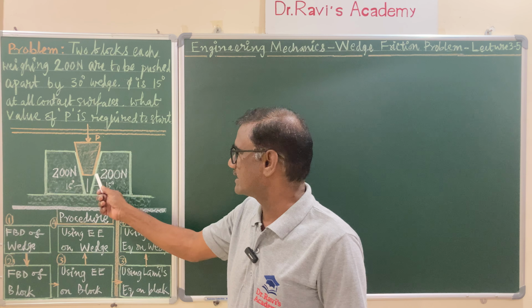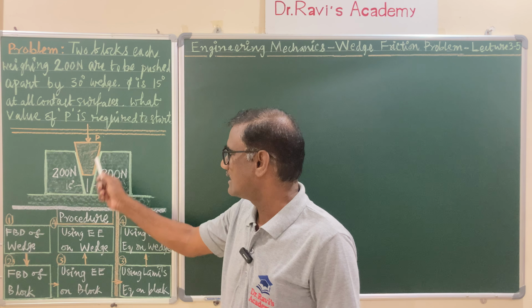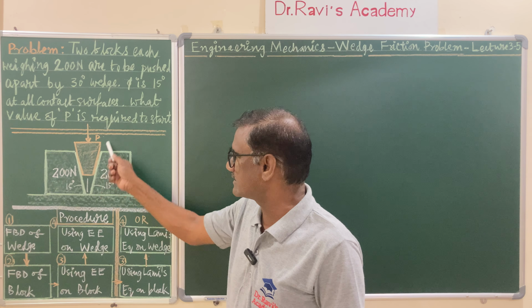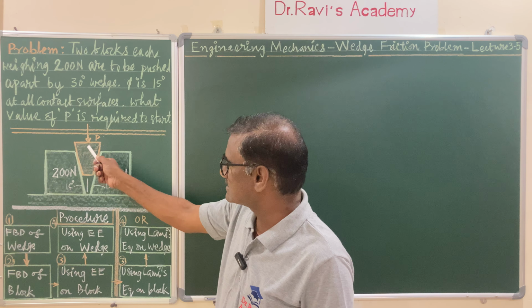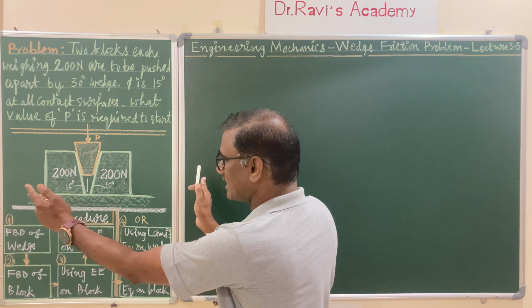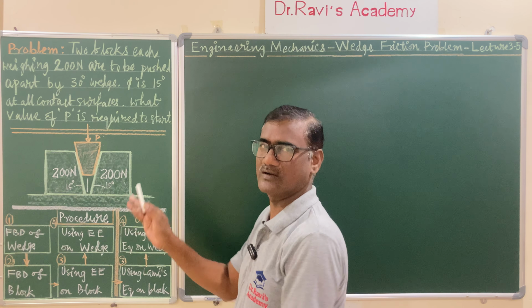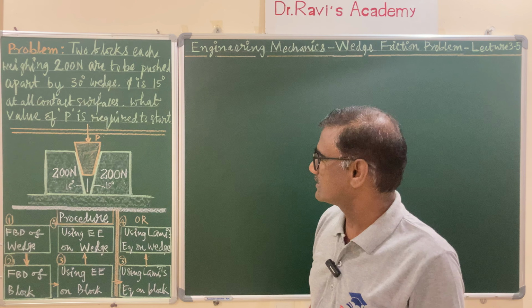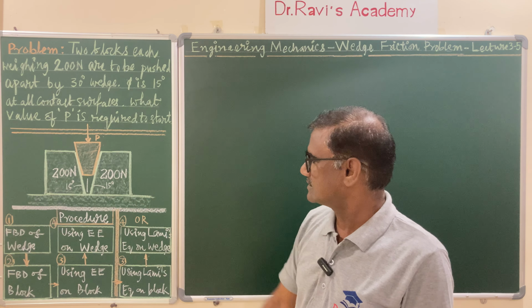So you will know the direction of the frictional force, which is upwards, and on the contact body exactly the opposite. As this wedge is moving downwards, these two blocks are moving away from the vertical center line, and that is exactly the configuration diagram which is given.